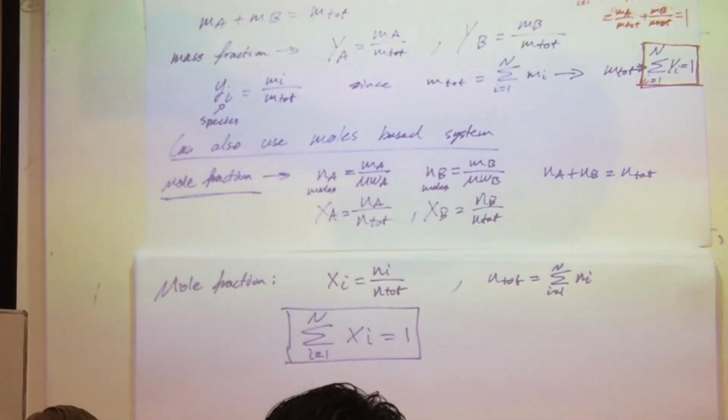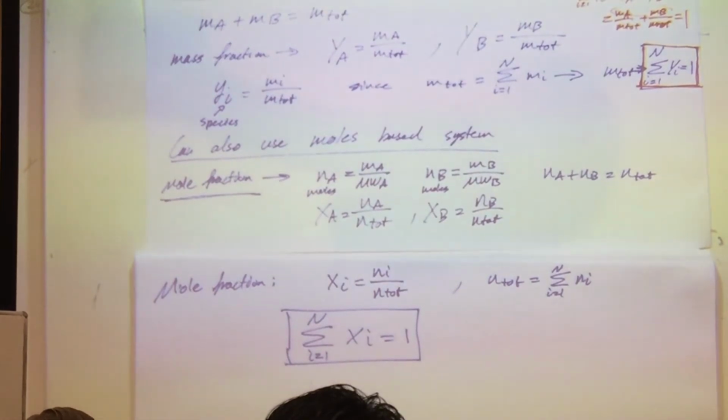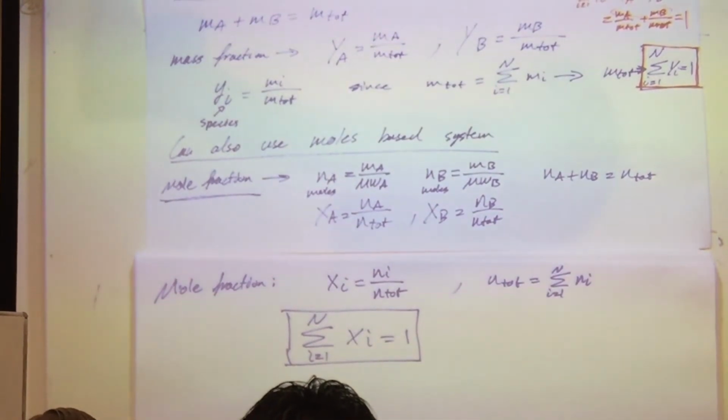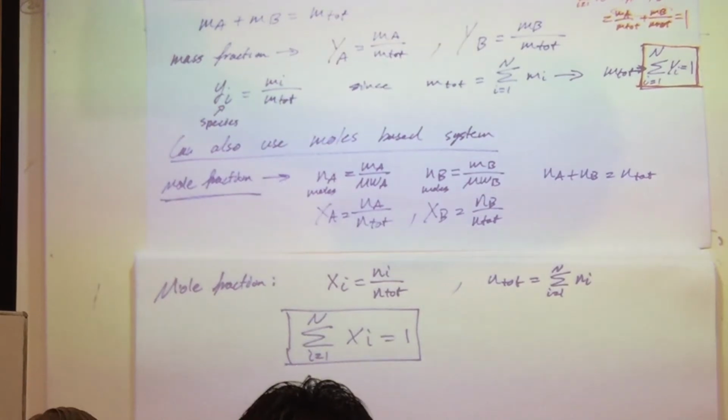How many of you like the mole fraction? Okay, we got supposedly 125 students here, and we only got less than 10. It's fine. Again, one is using kilograms and grams, and the other one is using moles. Do you have a preference in which one you want to use? Kilograms. Mass? Yeah.